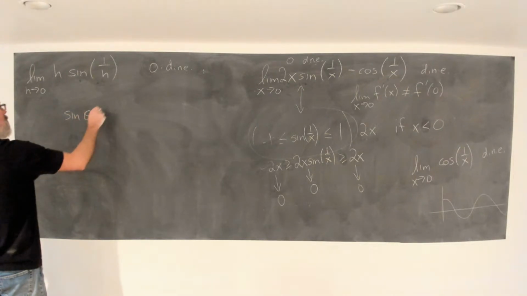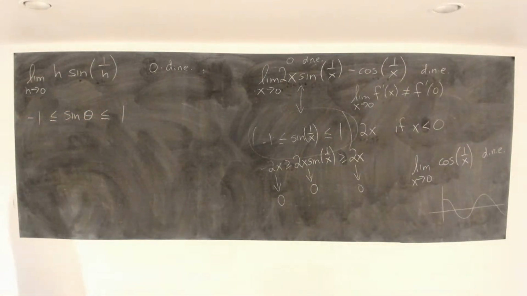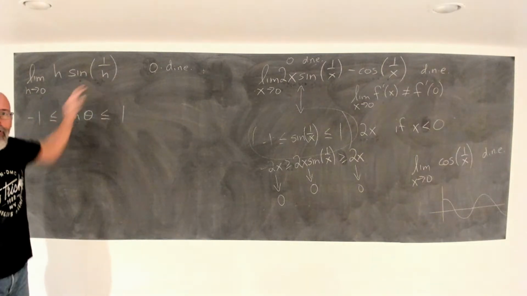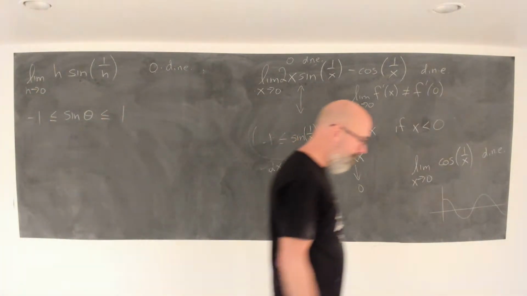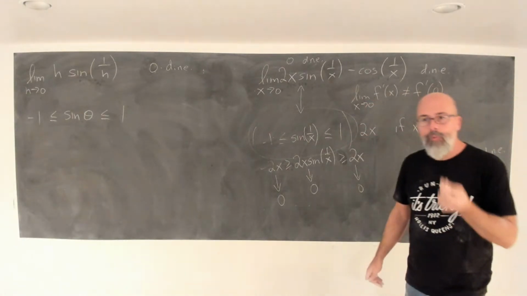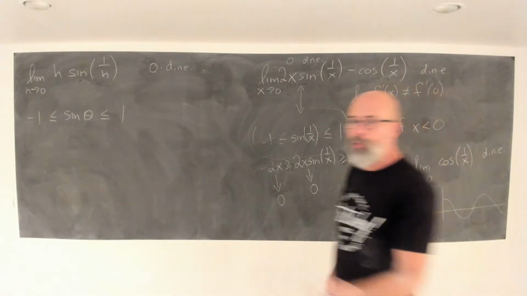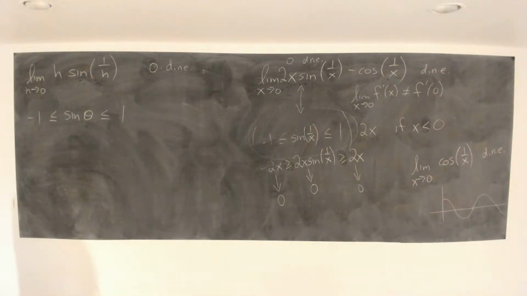What do you know about sine? You know sine is always between -1 and 1. Sine is the problem here, right? Because the limit of the sine does not exist. So we ask the question, can we get rid of it? And we can by squeezing it between -1 and 1.